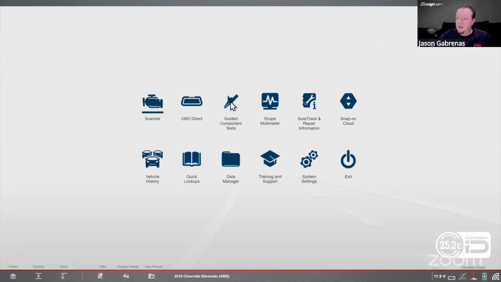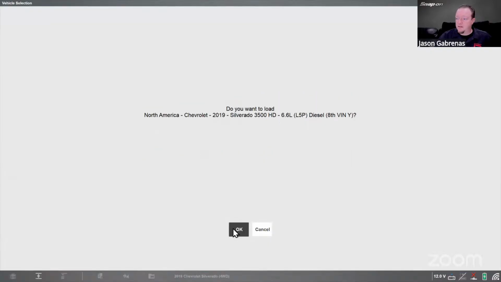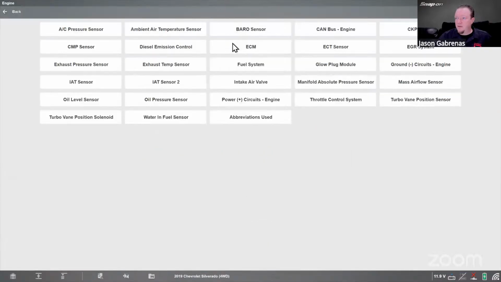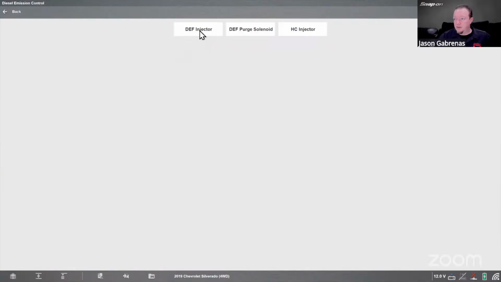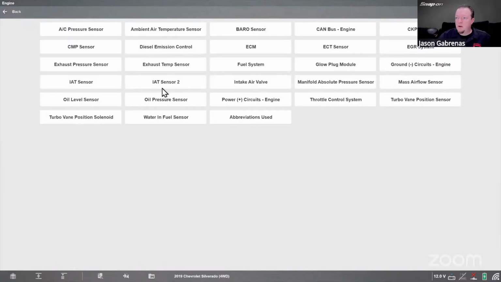But in the guided component tests, we will have some stuff under engine as well. So EGR, diesel emissions control, so DEF injector, DEF purge solenoid, hydrocarbon injector, exhaust temp sensors, intake air temperatures, not so much.